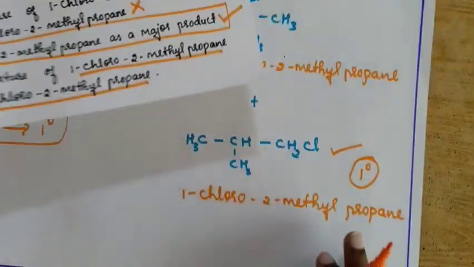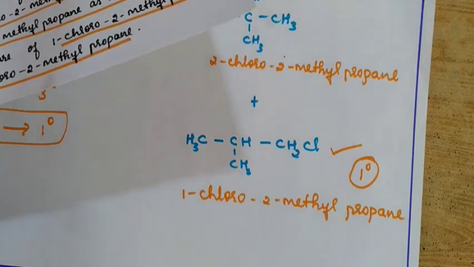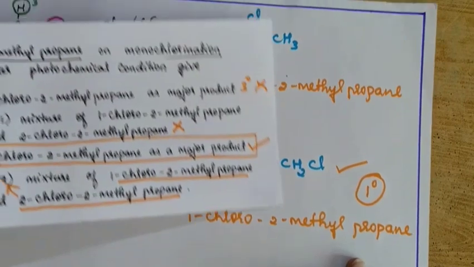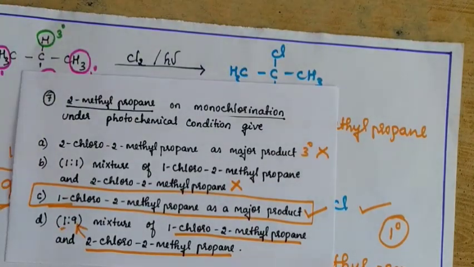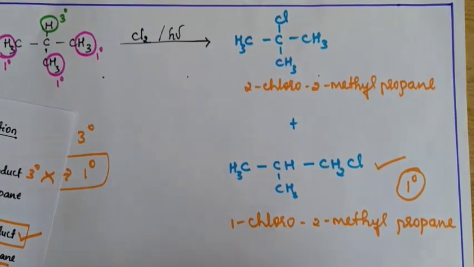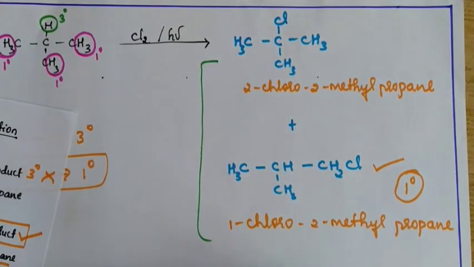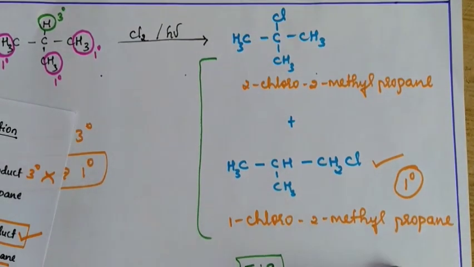So it will form the product in which the primary hydrogen is replaced in major quantity. Understood? And by experiment, it is observed that these two products form in the ratio 5:9.